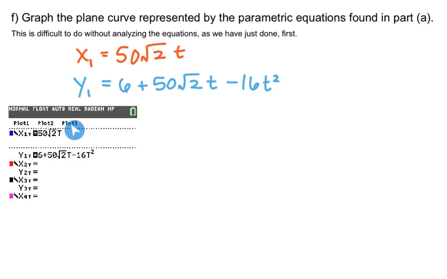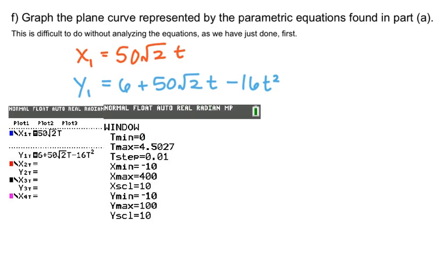Now, we can't automatically jump straight to the graph. One thing we need to make sure that we do is set our window bounds as well as the interval for our t values so that we get the correct graph. Going into the window button, we need to set our t values to go from 0 to 4.5.